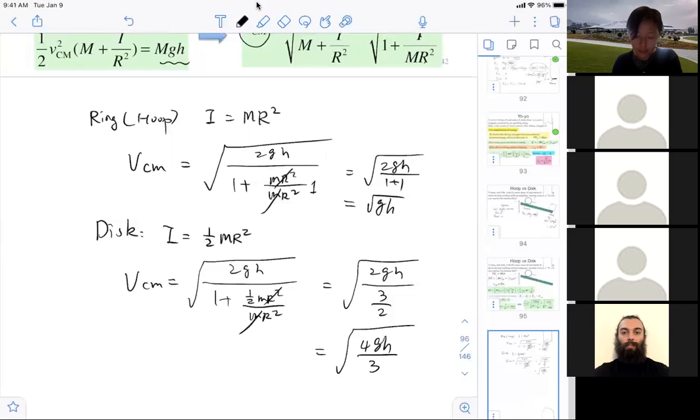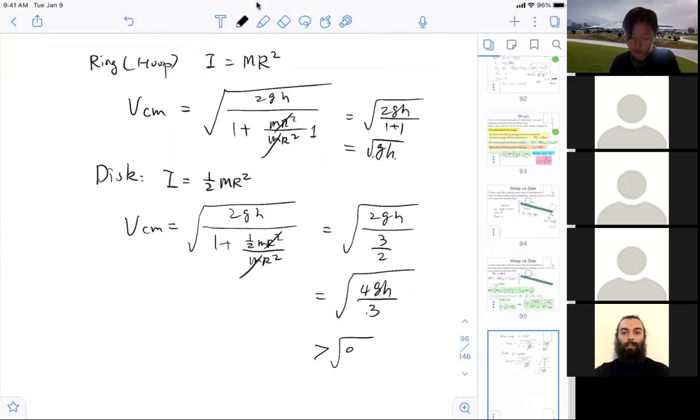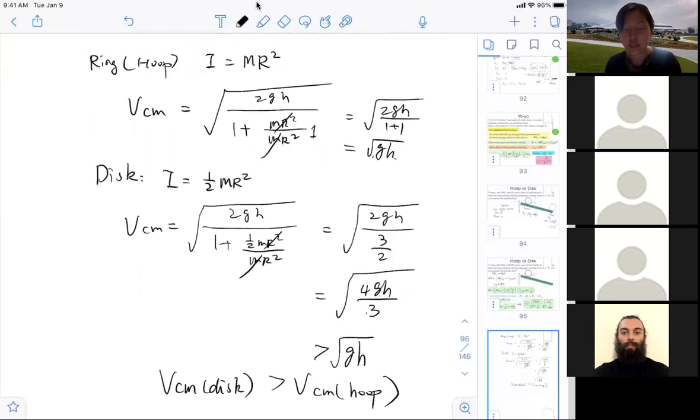So that's for a disk. You can see that this is 4 over 3 gh, this is gh. So that is larger than the square root of gh, which means the velocity of the center of mass for the disk is larger than that of the hoop. Well, obviously, the disk moves faster, right? So it's going to reach the bottom first.